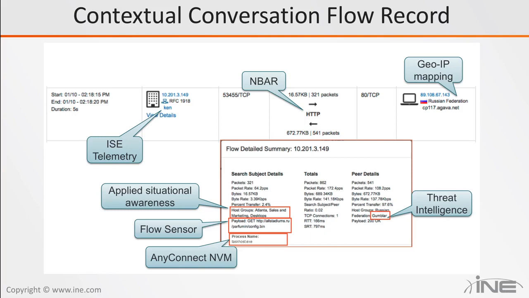Now it checks with the Threat Grid cloud for the geographical location of the IP 89.108.67.143, and the Threat Grid cloud replies that this IP belongs to the Russian Federation, that is, Russia. Similarly, the flow sensor can give us the payload, the actual packet that flowed through in this conversation.